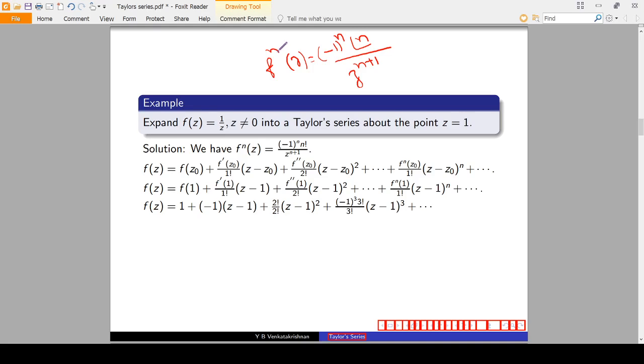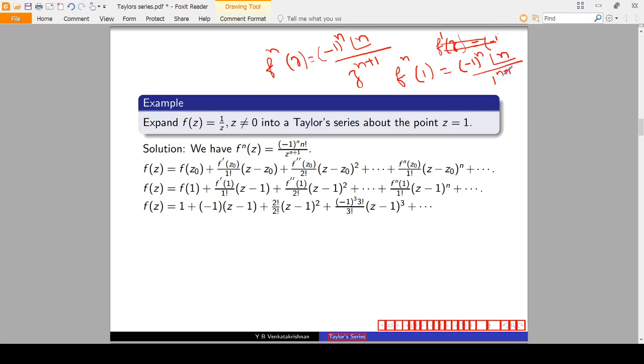Oh sorry, I require f n of 1. f n of 1 will be minus 1 whole power n into factorial n by 1 power n plus 1.